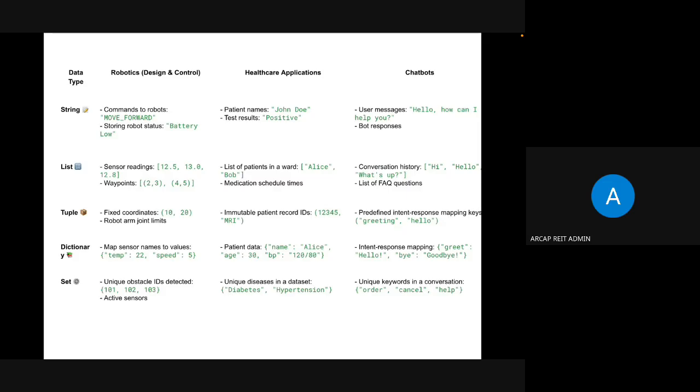Why are you using the tuple instead of dictionary? Why are you using the tuple instead of list? Why are you using the set instead of list? That you should know, right? So in the next class, we'll discuss in depth these mutable and immutable objects: list, tuple, dictionary, and set. Okay.